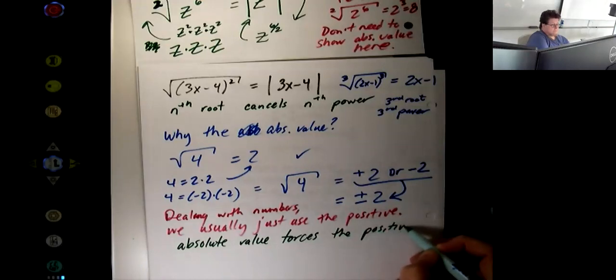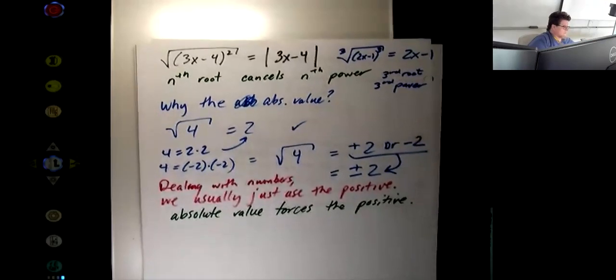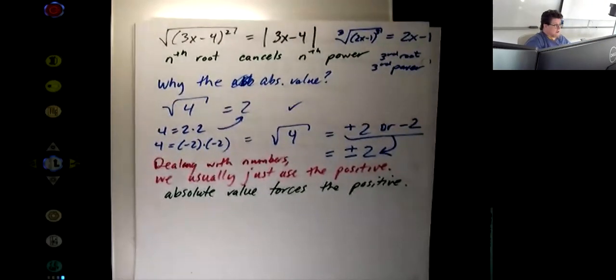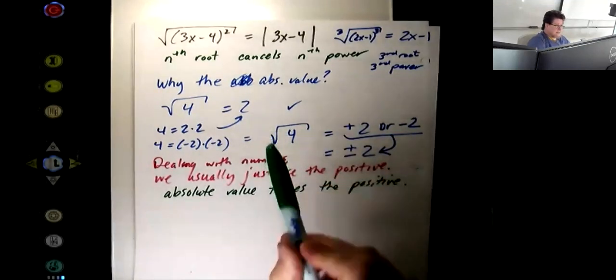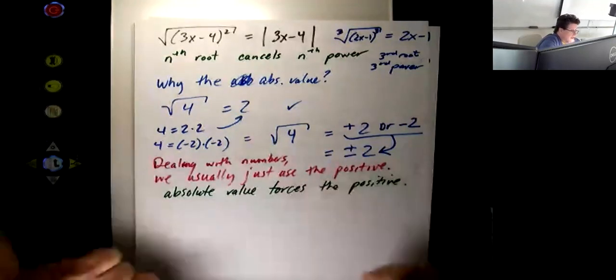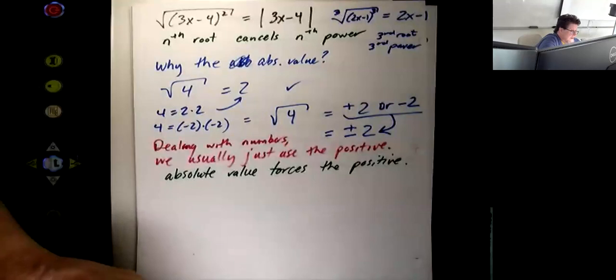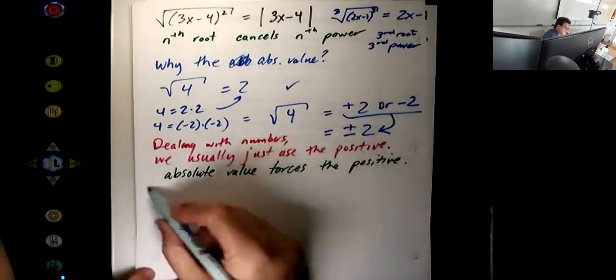So it's only absolute value if the exponent on the inside is odd. What if like the... No, the root, the index on the outside is all that matters. The inside doesn't matter. So if the index was 2, it would be absolute value.